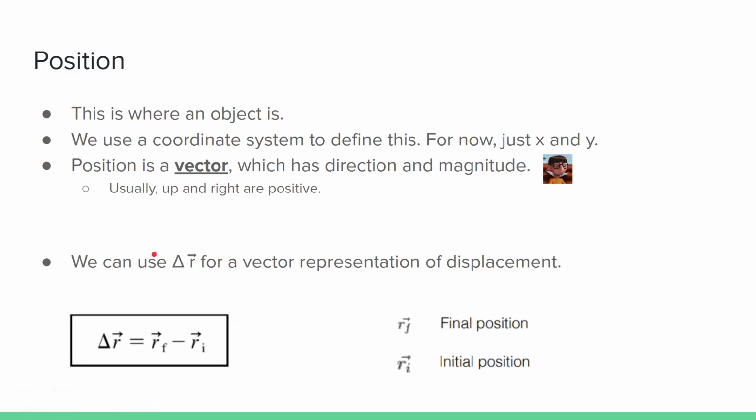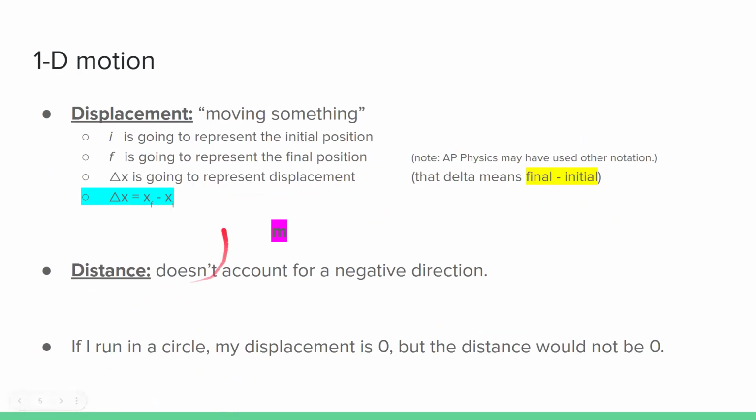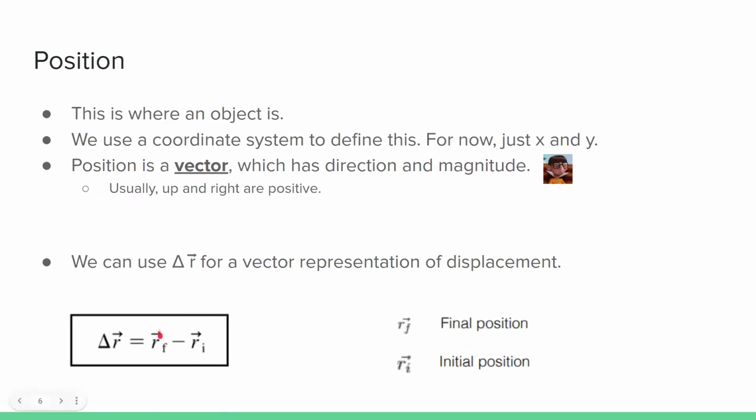But if we're talking about a vector representation of displacement, instead of that delta x that we saw before, let's use delta r with that line over it, which indicates vector. And right here, it's the exact same thing as this formula I showed you right here. We still see that F and I, but we're instead just using that R with a line to show vector.